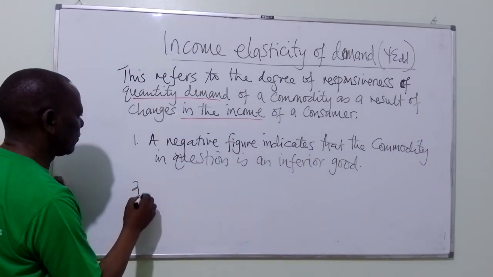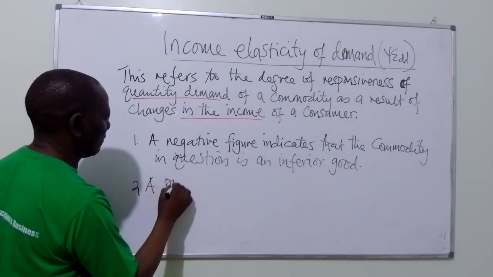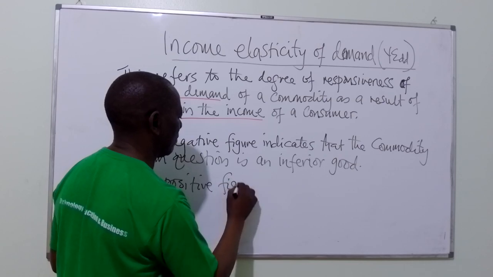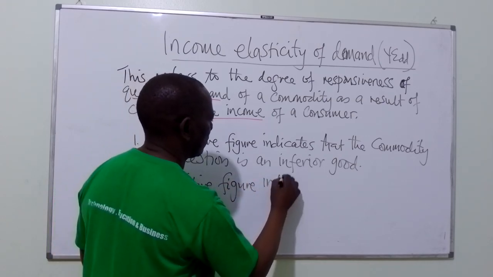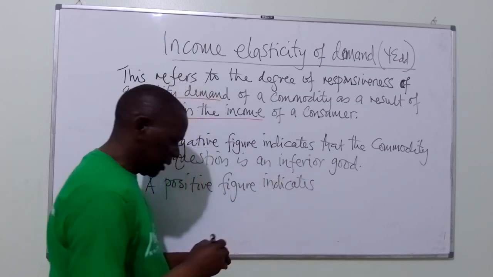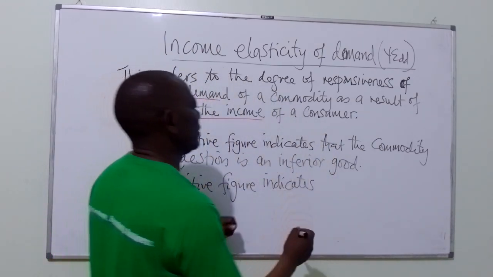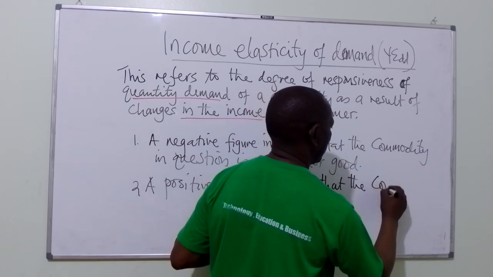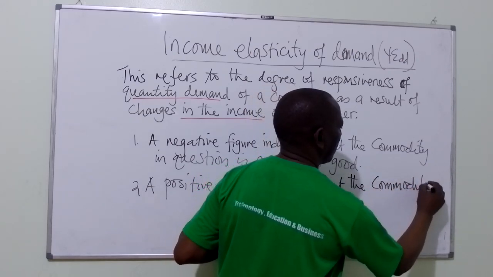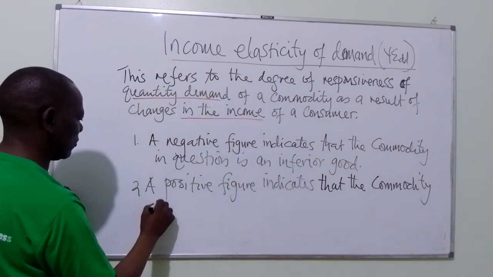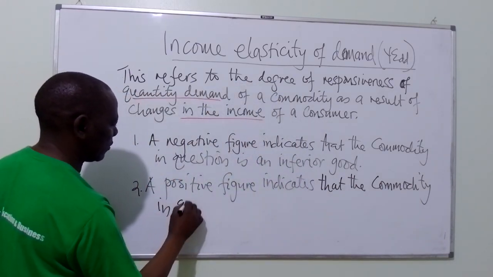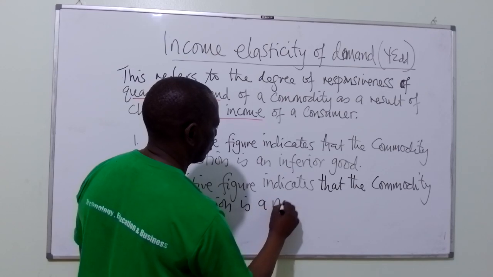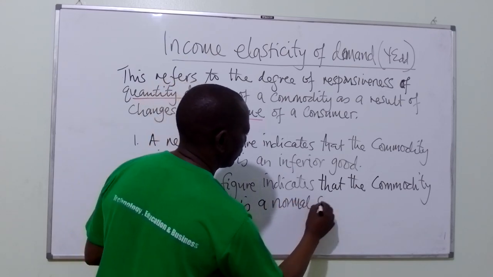And 2, a positive figure indicates that the commodity in question is a normal good.